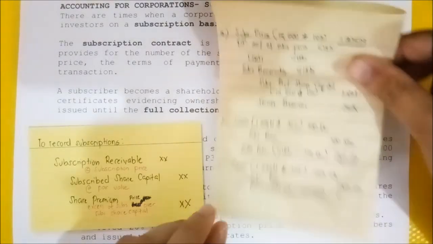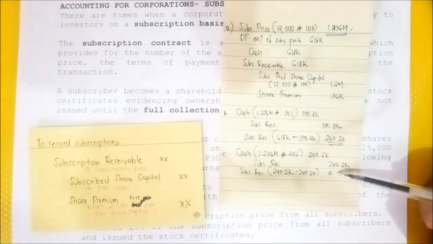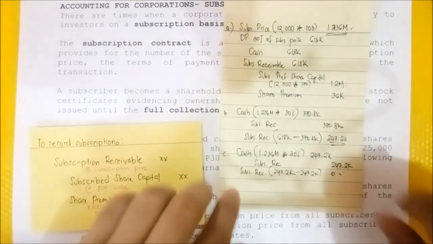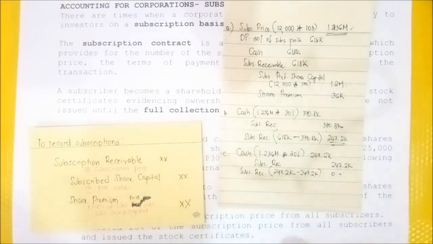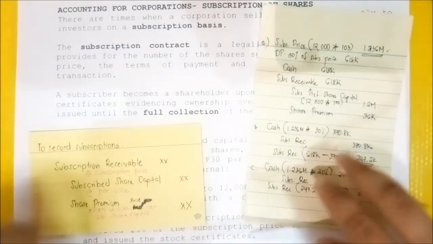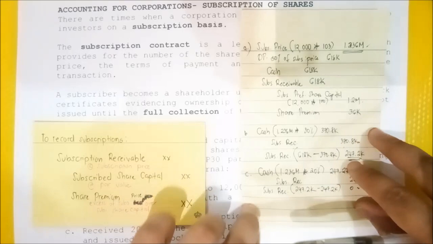Balik tayo sa problem. So, fully collected ng subscription receivable, ibig sabihin, makukuha na ni subscriber yung stock certificates. And yung stock certificates, yun yung proof na siya yung owner ng shares ni Antonio Bakery.